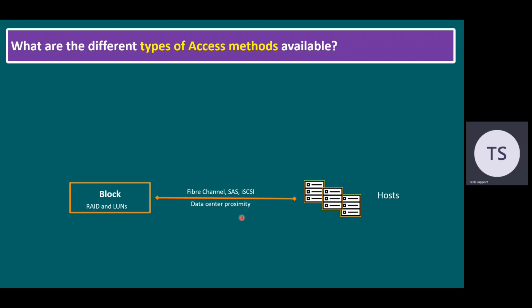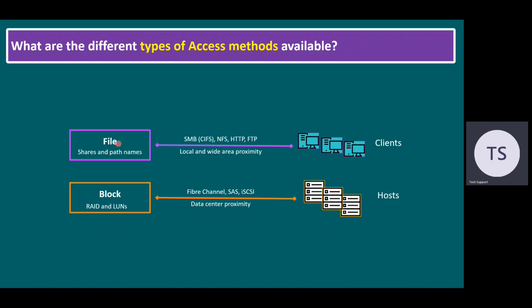And for this, with data center proximity, it will always provide access to the host. Either it can be a physical host or it can be hypervisors like ESXi, Hyper-V and Nutanix AHV. So in any scenario we can use it. Another access method is file servers.